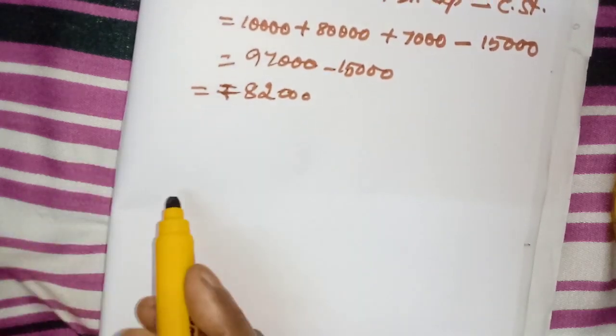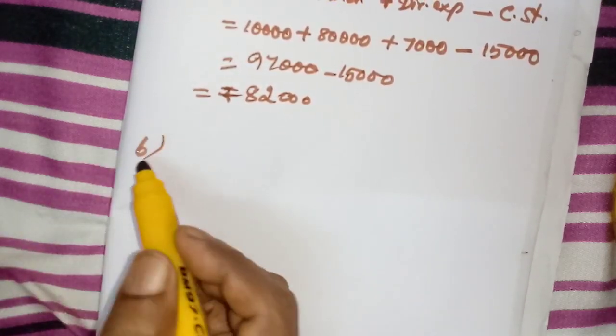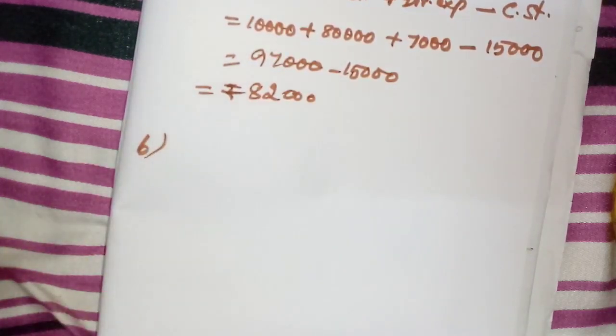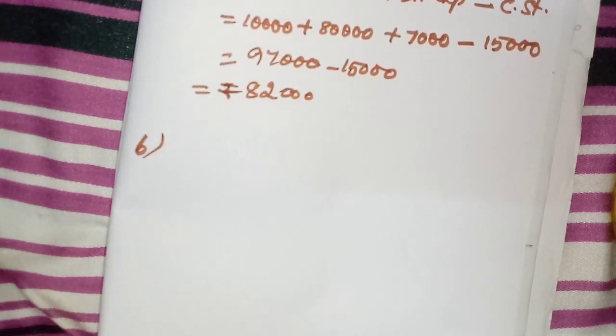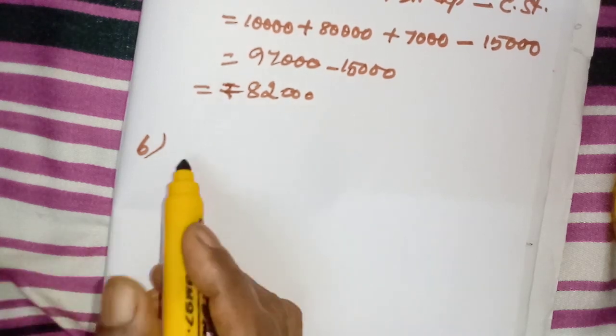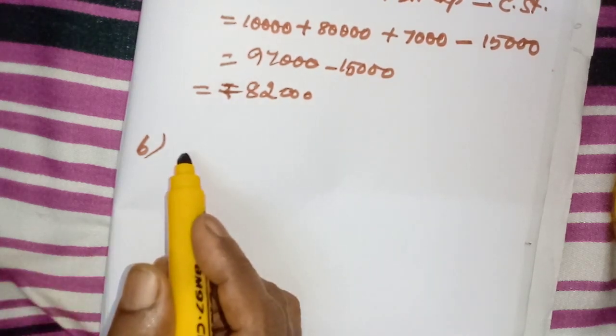Okay. Now, the 6th problem we will do. Here, find out the amount of sales from the following information they have given. What is given? Opening stock, closing stock, purchase less return, gross profit margin given. Gross profit percentage is given on sale. We have to calculate the sales. Okay.